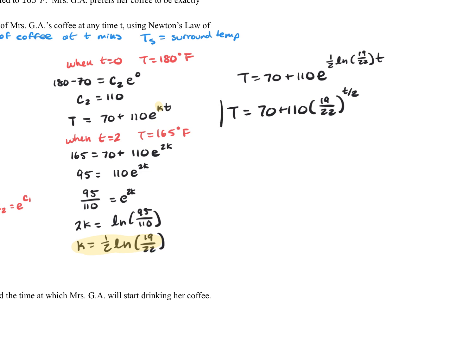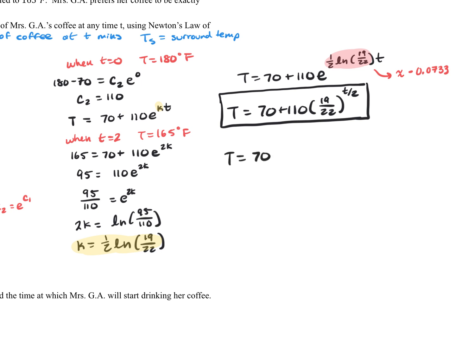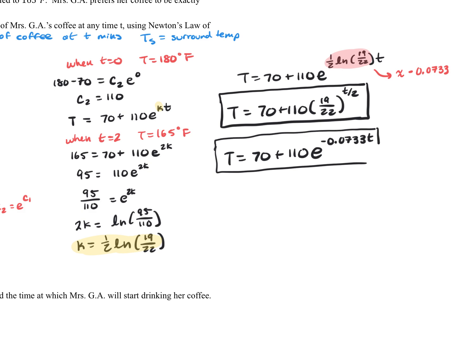So this would be one way to model our temperature. Or we could use our calculator to get a decimal approximation for just this portion right here, which is approximately negative 0.0733. So we could also write a model that looks like this: 110 times e to the power of negative 0.0733 times t. So two different ways that we could write our model.